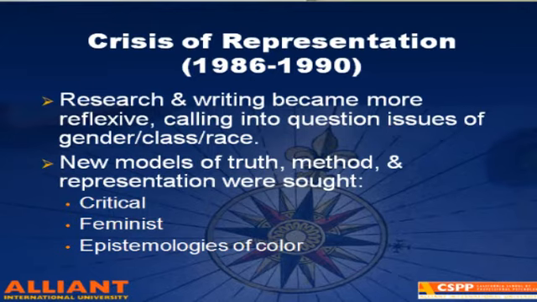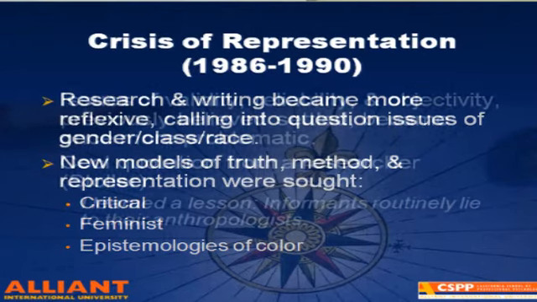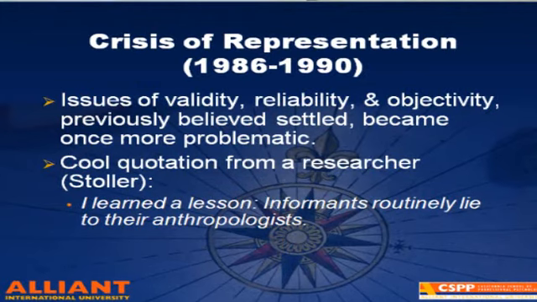And so new models of truth, method, and representation were sought. And critical feminist epistemologies and epistemologies of color were also coming out during this time. Okay, those issues of validity, reliability, and objectivity, previously believed settled, became once more problematic. They said, okay, we thought we kind of figured out how to make qualitative research valid and reliable.